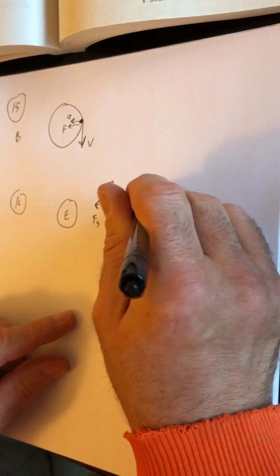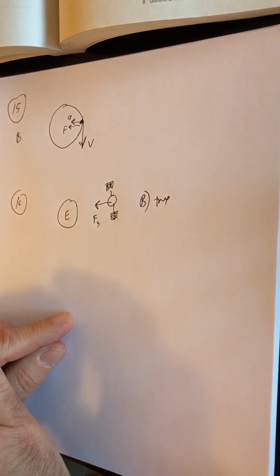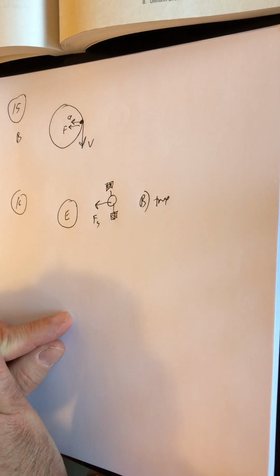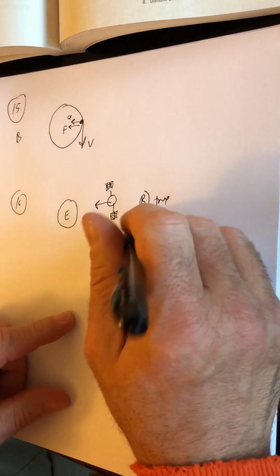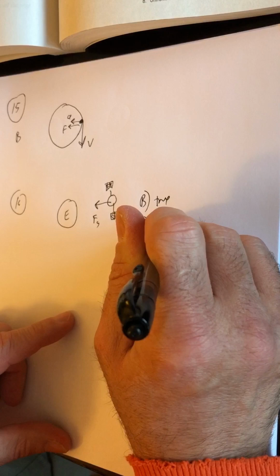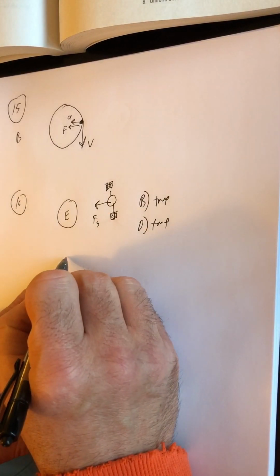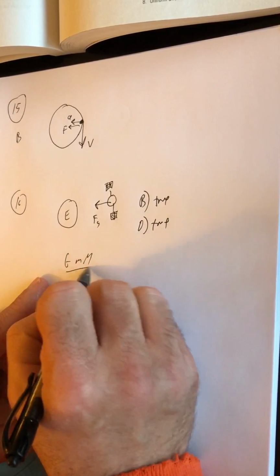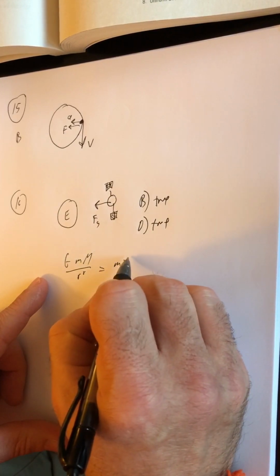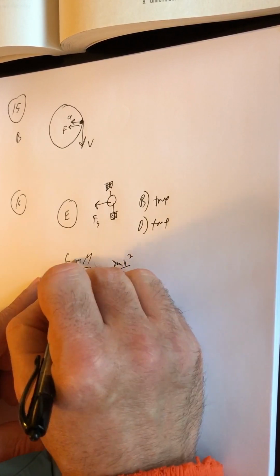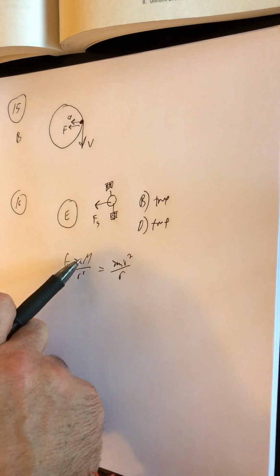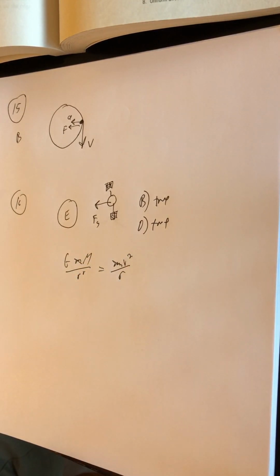That is true, so B is true. And C, the force of gravity is balanced by an outward force. Nope. And D, the mass of the satellite has no effect. Yeah, that's also true, and we can prove that because G M m over R squared is m v squared over R. It's the mass of the satellite that cancels out. You're just left with the mass of the Earth there.